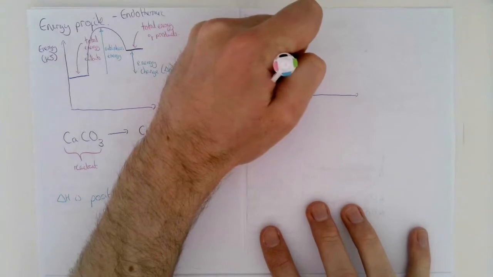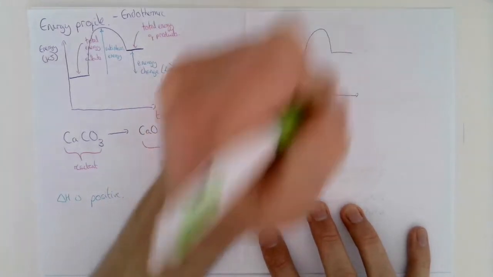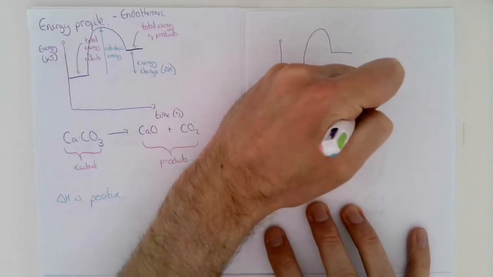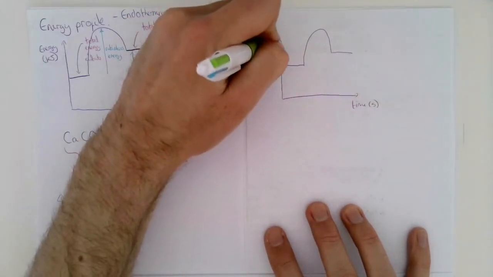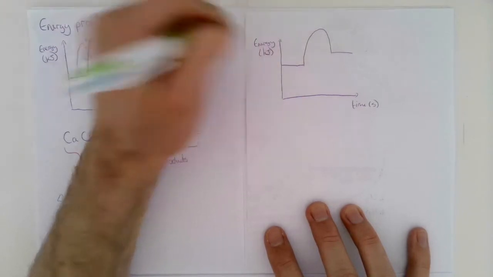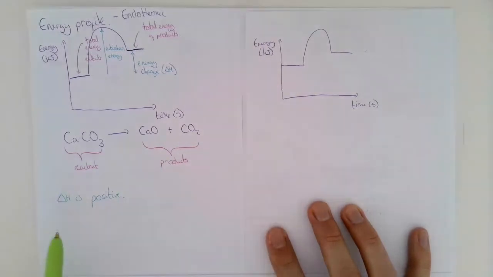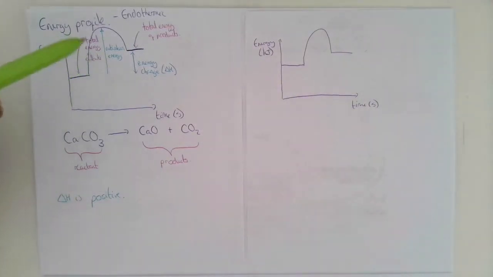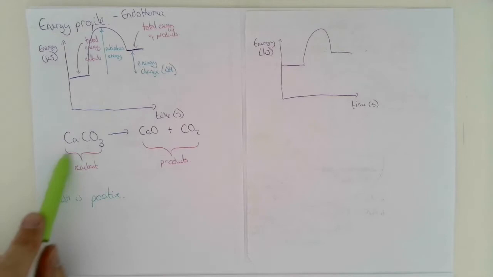So if we redraw the endothermic energy profile, it's going to look something like that, where time is on the x-axis and energy is on the y-axis, in kilojoules again. So products have more energy than the reactants because the chemicals are taking in energy as the reaction goes on. Now, in order to get this reaction to work, I've got to break all the bonds.